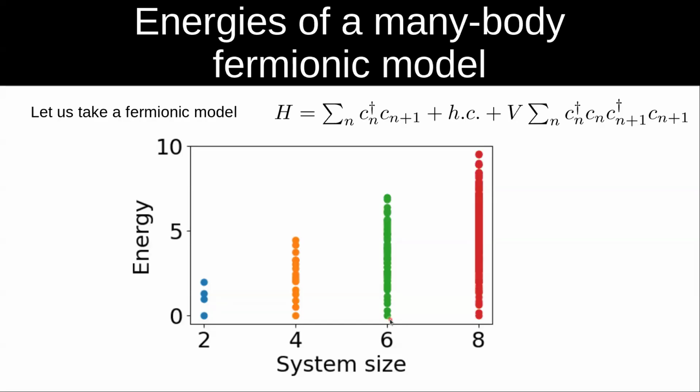So if we take one fermionic Hamiltonian like the one that we considered before, so a one-dimensional chain with first neighbor hopping and density-density interaction between first neighbors, the first thing that you see is that once you compute the eigenenergies of the fermionic Hamiltonian as a function of the system size, you see that as you make the system bigger and bigger, you get more and more eigenenergies.